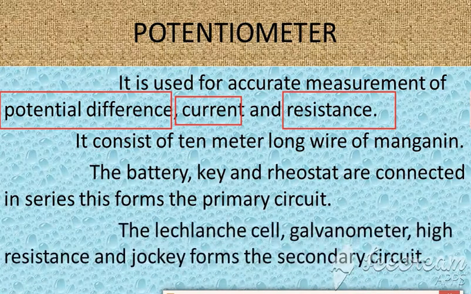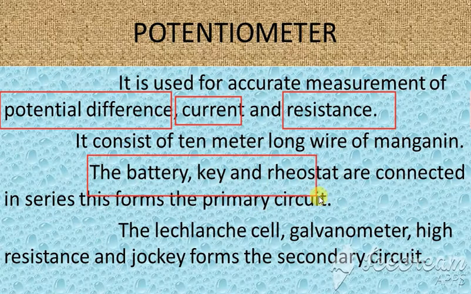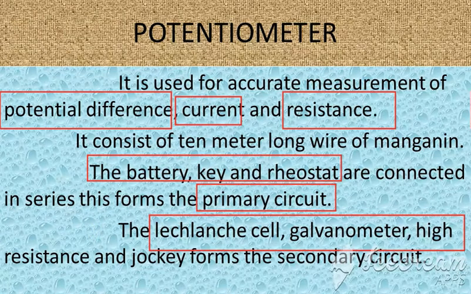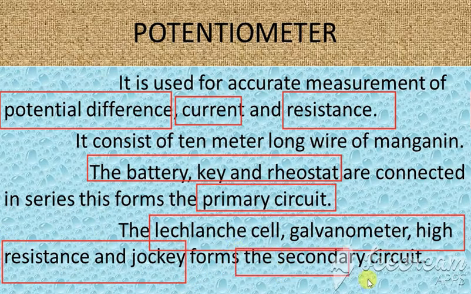Then Leclanche cell, galvanometer, high resistance and jockey form the secondary circuit. So what forms the primary circuit? Battery, key and a rheostat form the primary circuit. Then the Leclanche cell, galvanometer, high resistance and also jockey form the secondary circuit. So this is the potentiometer.